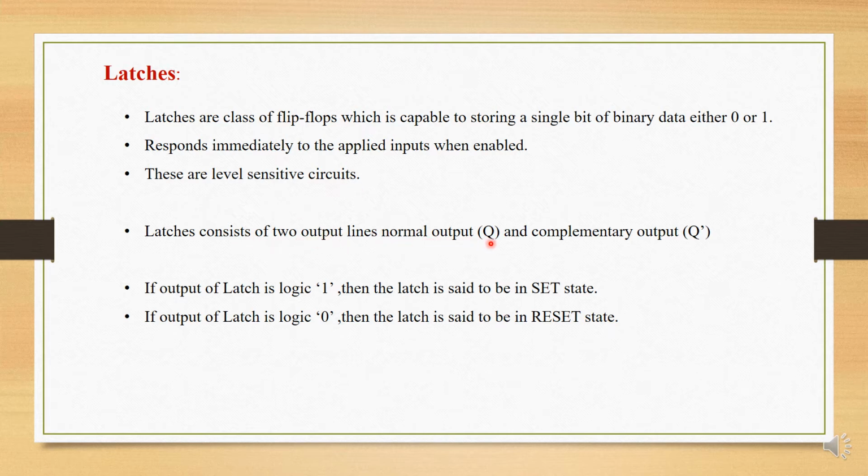One is the normal output, represented by the notation Q, and the other is the complementary output Q bar. If the output of the latch is logic 1, it is said to be in the set state. If the output of the latch is logic 0, the latch is said to be in the reset state. So we can have two states of storage, the set state and the reset state.